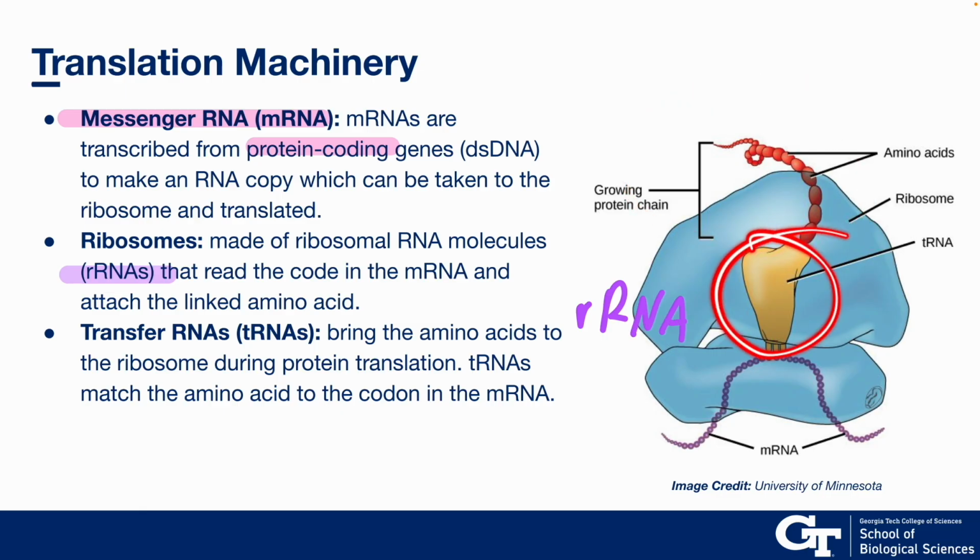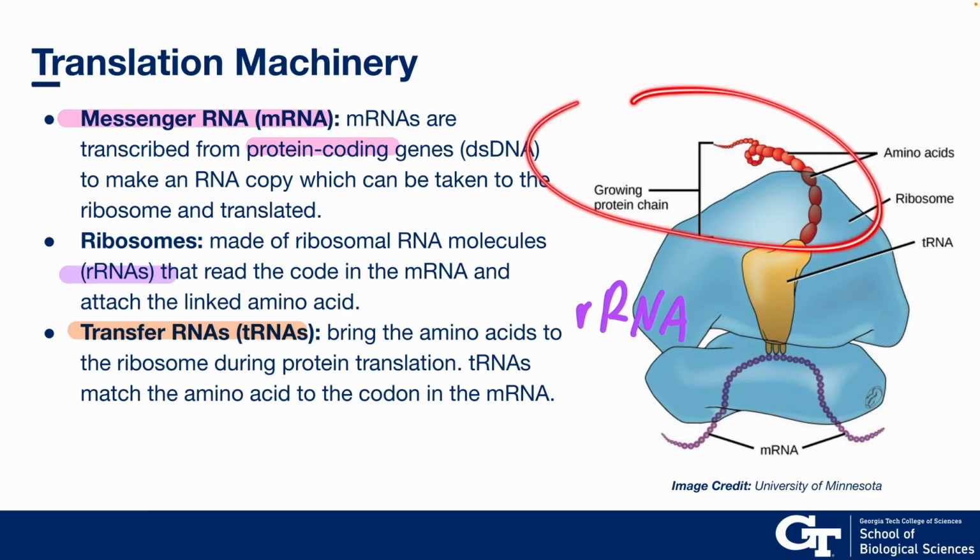But what is between the mRNA and the chain of proteins? tRNA, which stands for transfer RNA, because it brings the amino acids to the ribosome and actually allows this chain to be built. So we have mRNA coding for protein, rRNA making up ribosomes, and tRNA, transfer RNA, that brings the amino acids to make a protein.